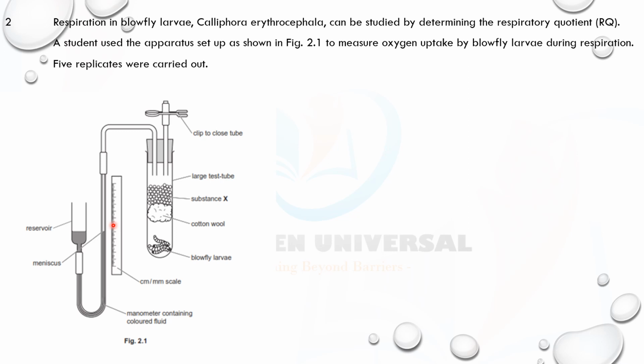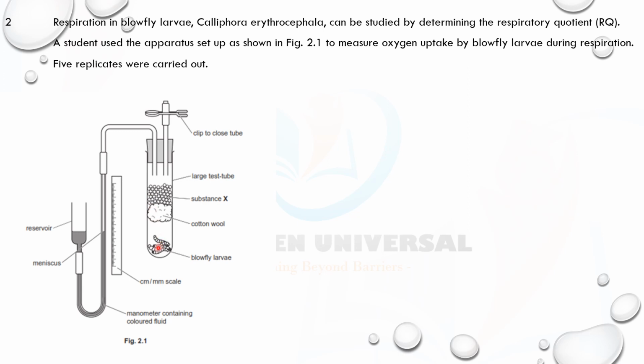How do you measure the amount of oxygen, whether the rate is high or low? Pause the video and tell us, how will you measure the volume of oxygen used up?